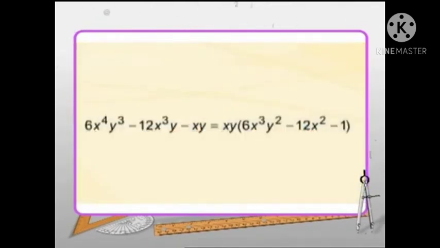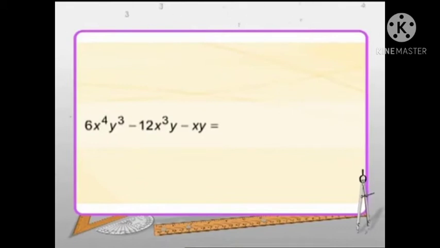Now, let's look at another example. Factorize the expression 6x raised to power 4 into y raised to the power 3 minus 12x cube y minus xy. The common factor in this case is x times y.